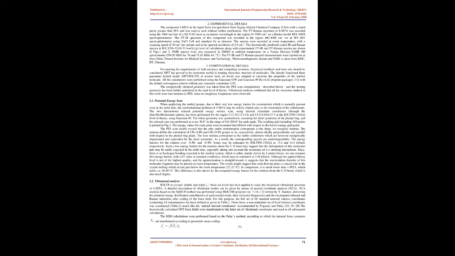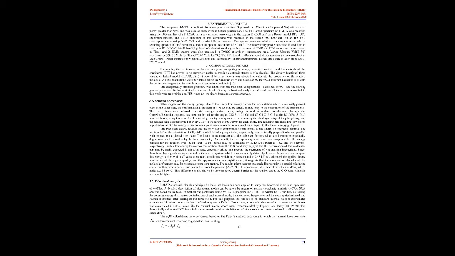2. Experimental details. The compound 4-MTA in the liquid form was purchased from Sigma Aldrich Chemical Company, USA, with a stated purity greater than 98% and was used as such without further purification. The FT-Raman spectrum of 4-MTA was recorded using the 1064 nanometer line of an Nd:YAG laser as excitation wavelength in the region 100-3500 cm-1 on a Bruker model RFS 100/S spectrophotometer.